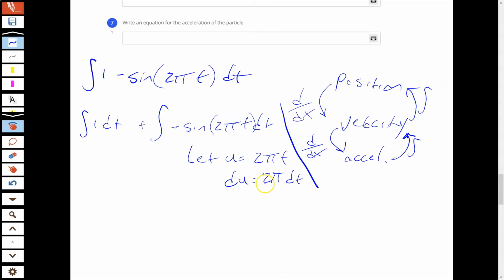Okay, so that means that dt is equal to 1 over 2 pi du. And this should make us happy, right? Because this is just a constant, just a plain old number. So that means that constant function shows up in our integral, right? We can make this substitution.